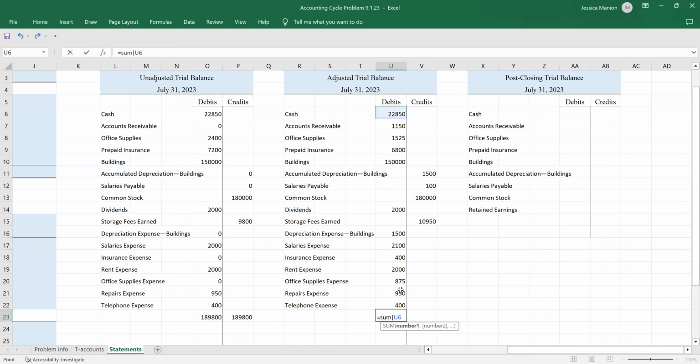We want the sum of all the debits, and then equals, we want the sum of all the credits. And we can see they are in fact equal, 192,550. So that takes us through step 6 of the accounting cycle.